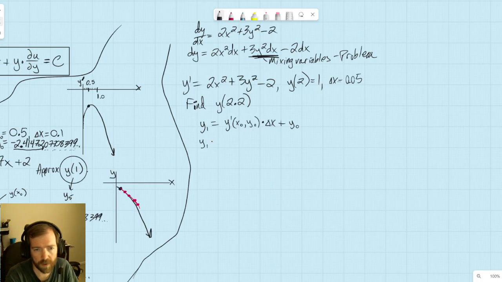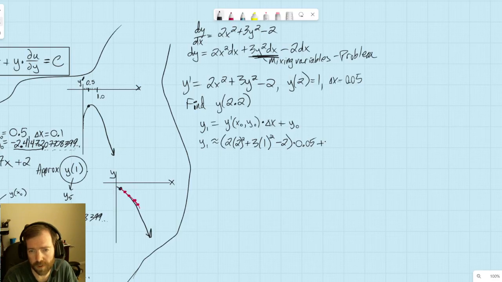So here, y1 is going to be approximated by y prime, which is 2 x squared, x was 2, plus 3, y was 1 squared, minus 2, multiplied by delta x, 0.05, and then plus y0, which was 1.